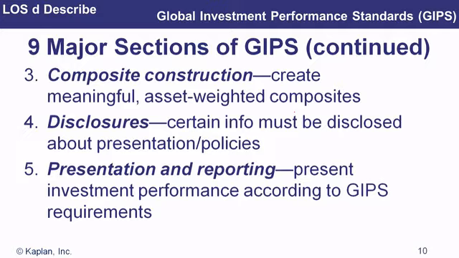It tells us something about what was the standard to which these portfolios were measured. Disclosures, certain information has to be disclosed about the presentation. That is how we made the calculations, where you can turn for more information, all those types of things. 5, presentation and reporting. This is present the investment performance according to GIPS requirements. That is, the 5 years, add 1 year every, all those types of things.